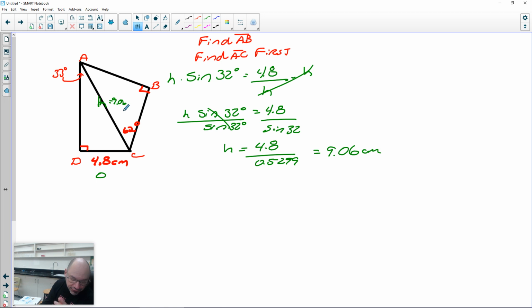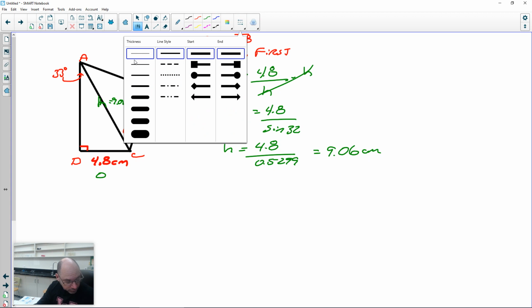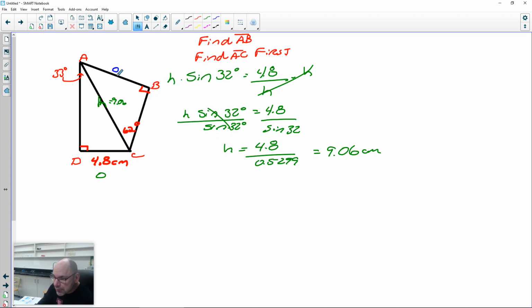Okay, and then I want to find AB. So the AB, let's look at it. That's the opposite side and the hypotenuse. So it's going to be another sine value, but using 62. Let's do that one in blue. Okay, so sine of 62 equals the opposite side over the hypotenuse, which we calculated.